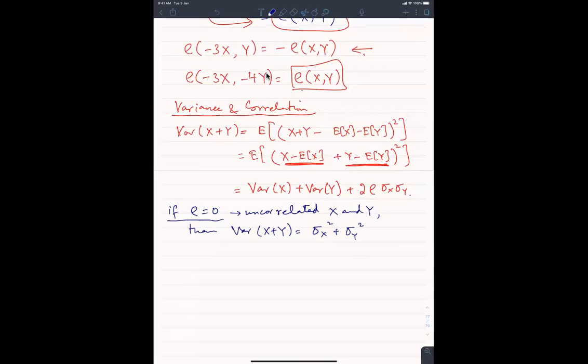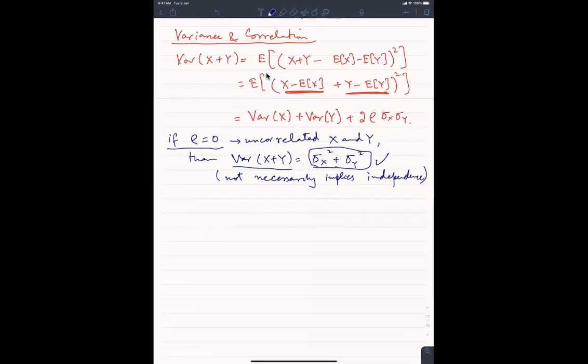But this does not necessarily imply independence. It could be that x and y are still dependent, but the variance of the sum will turn out to be the sum of the variances. If they are independent this will still be true, but if this is true they are not necessarily independent.